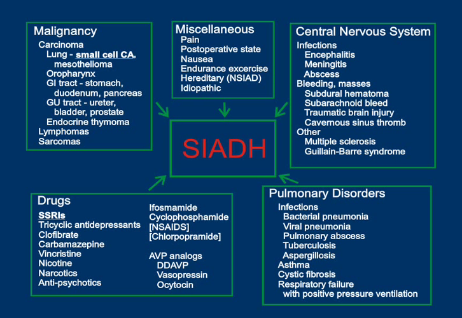This brings us then to the extensive differential for SIADH, which I'm sure many of you or all of you are very familiar with. And this sort of breaks down into malignancy, CNS disorders, miscellaneous causes, drugs, and pulmonary disorders. Far and away, the most common malignancy causing SIADH is small cell lung CA.